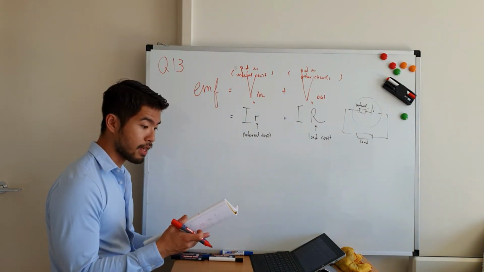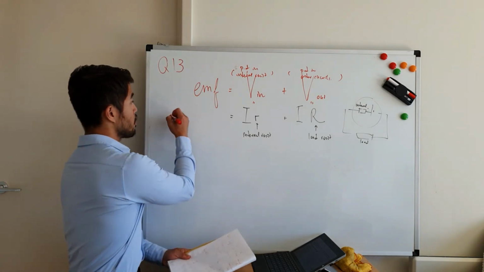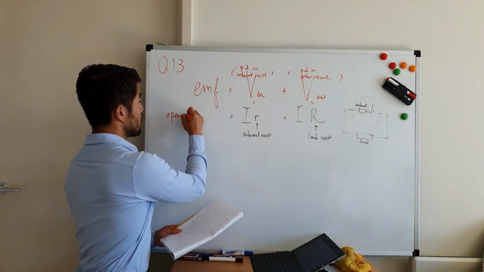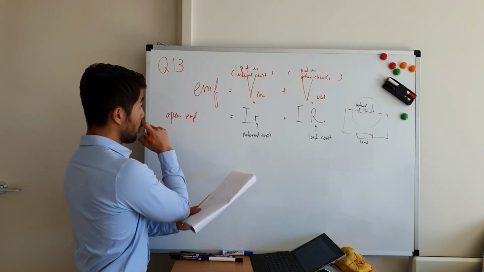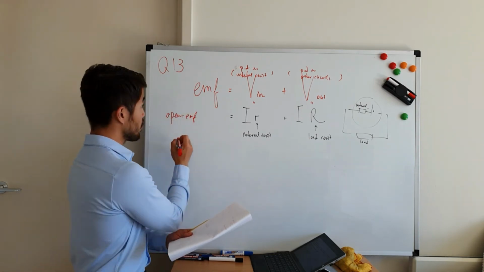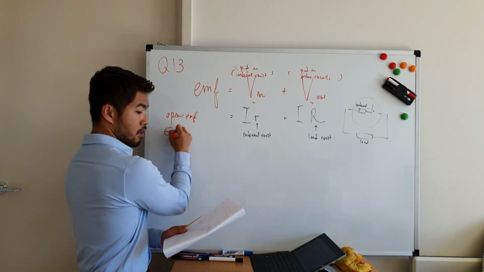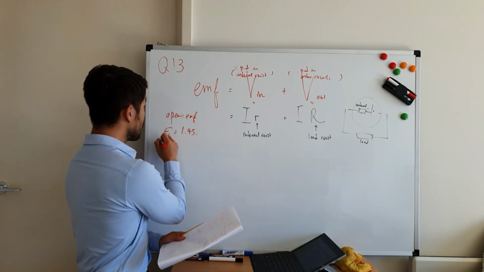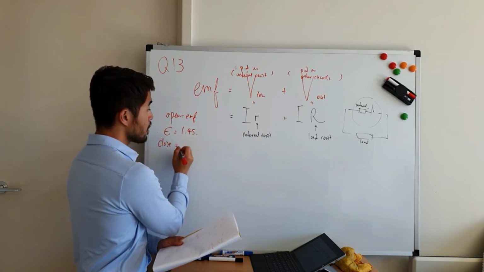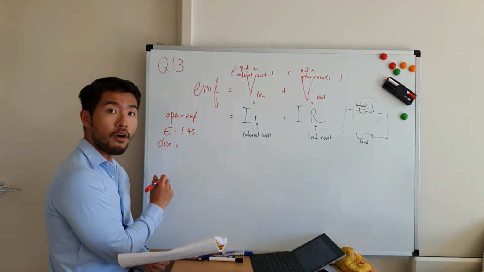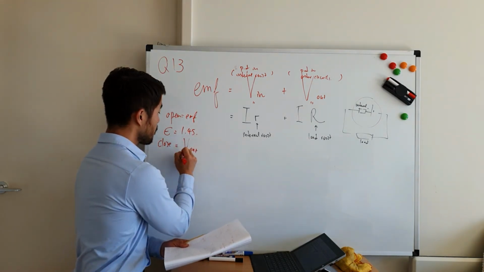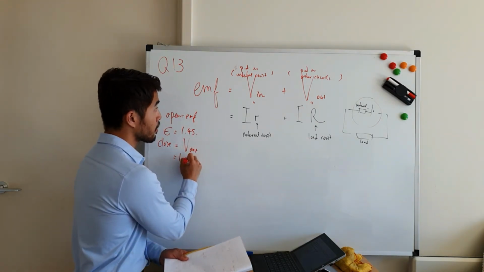Let's do it together now. When it's open, that means it's equal to EMF. So EMF is actually equal to 1.45. When it's closed, it's actually measuring the voltage V out outside, so V out is going to give us 1.26.